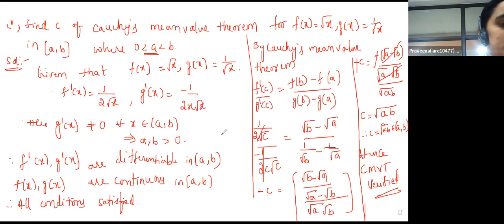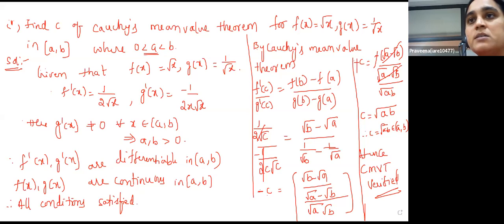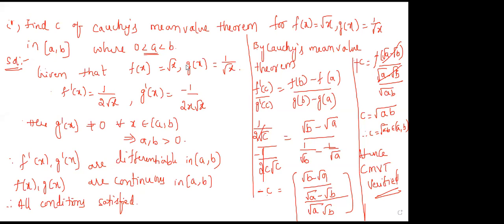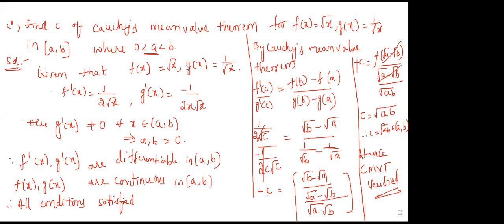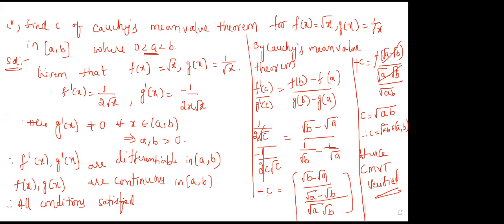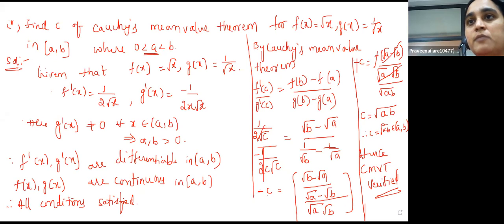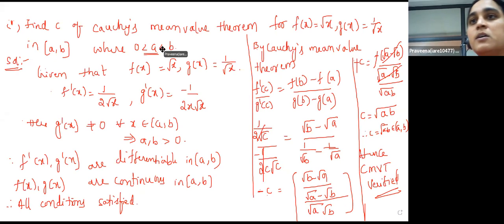Did you take attendance? Copy the attendance. Cauchy's mean value theorem. Give your attendance. D1, D2. Yes, ma'am. D3, D4, D5, D6, D7 present. D8, D9 present. E0, E1, E2, E3, E4. E4 absent. E5 is there.